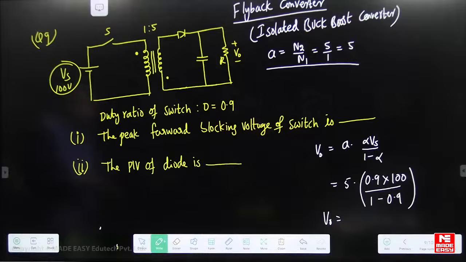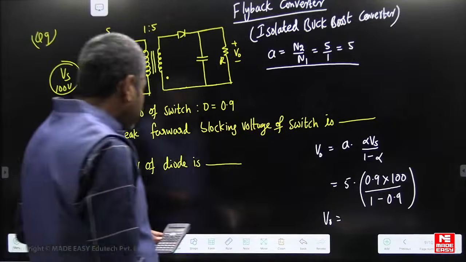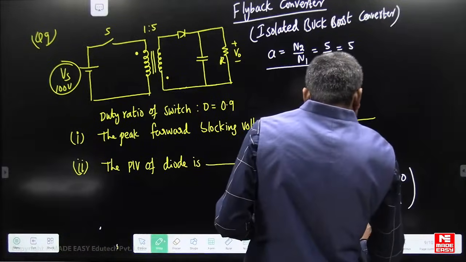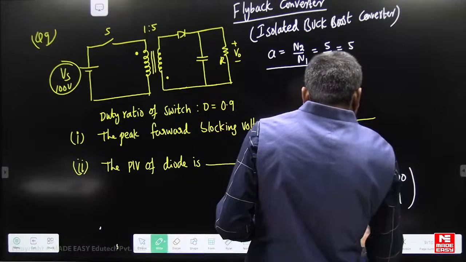Dear students, 0.9 into 100. I think you will get 4500. Please verify this. Yes, 4500 volts.